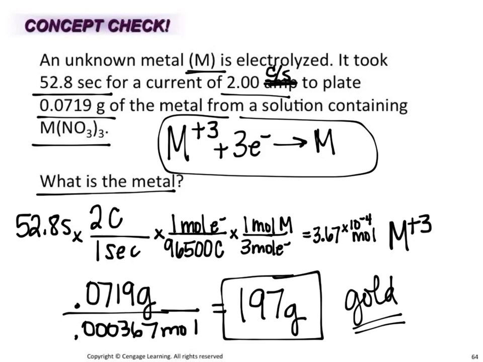Questions? How do you avoid being off by a little bit when you round? Where did you round? Did you use 96,500? I used your number, and I put that in and then I got 3.64.